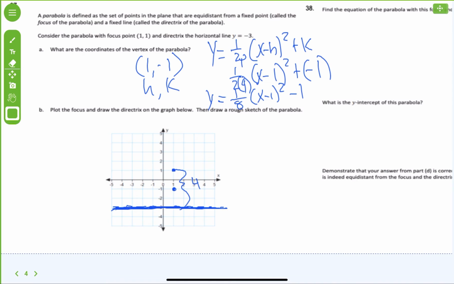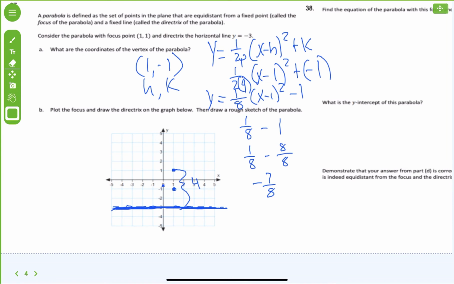But now I want you to think, if I plug in a 0 for x to get my y-intercept, that's going to be 1/8 minus 1, which is 1/8 minus 8 over 8. So that's going to be a -7/8.